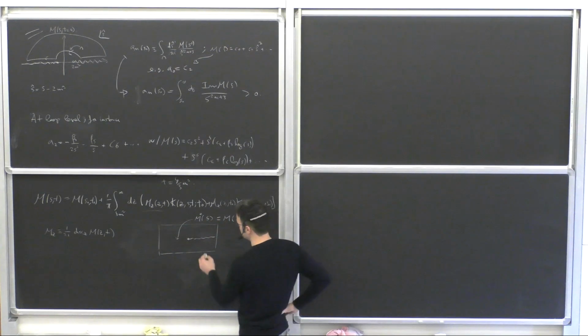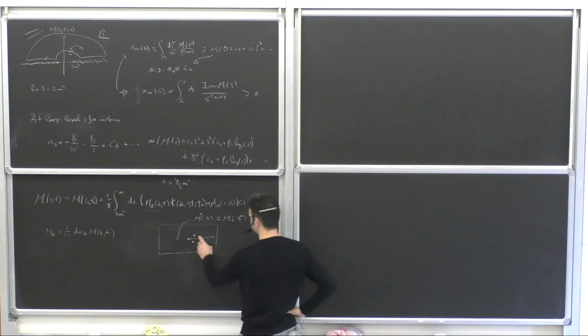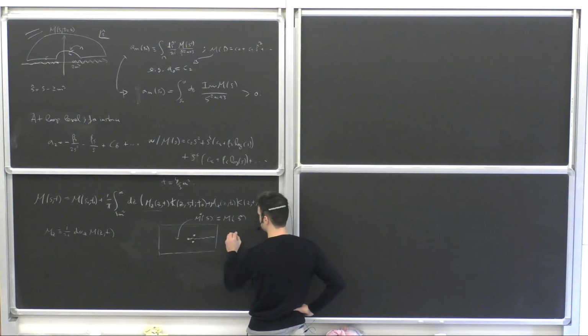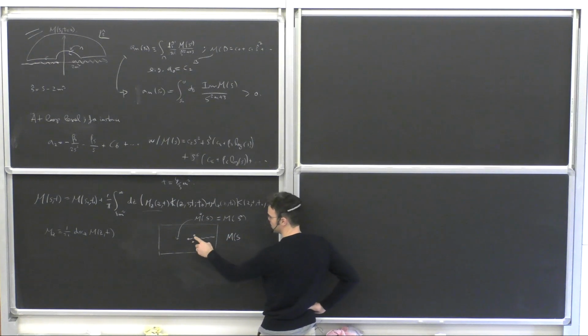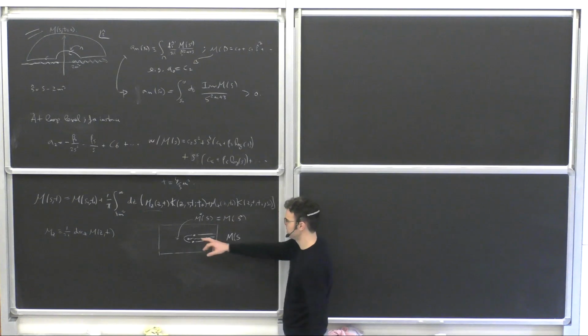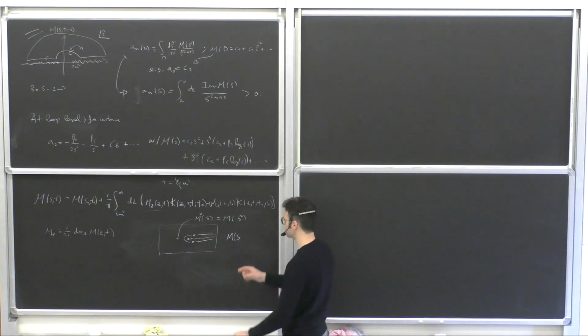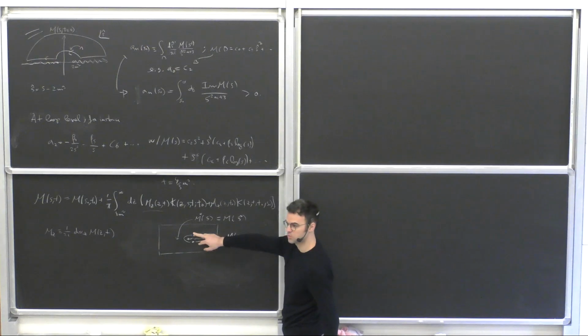But now you see, we're getting discontinuities because we are doing an equation like this. When we are doing the contour, we are evaluating the function right above the cut and right below the cut, right? And then we take the difference between one and the other.